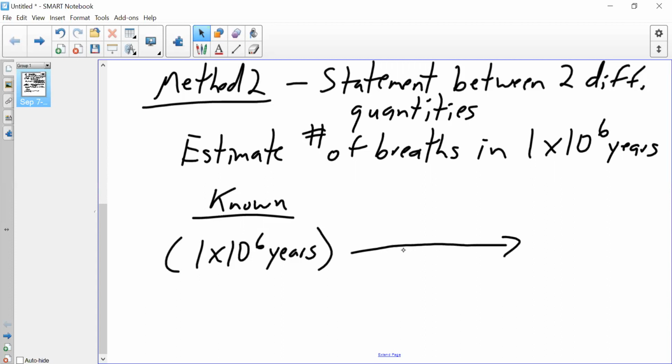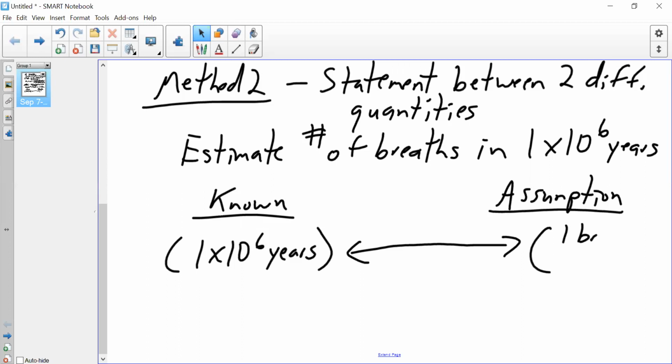So known to reasonable assumption, because we can take the years and break that years, which we know we want to get rid of that and get to the unknown breaths, which is in the assumption, the reasonable assumption.